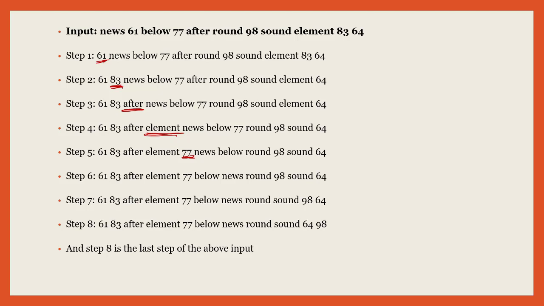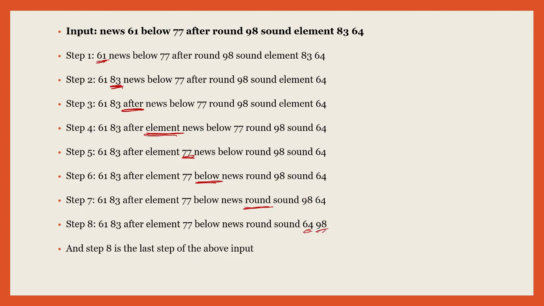In step 6, below, and news is in order actually. In step 7, round, and in step 8, 98 and 64, the last two numbers in the end, 64 has been brought forward.